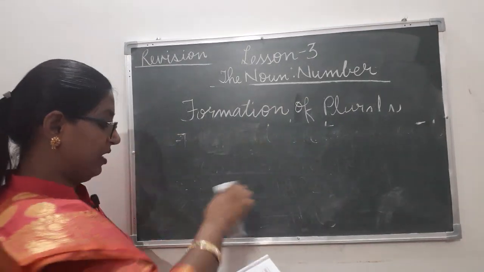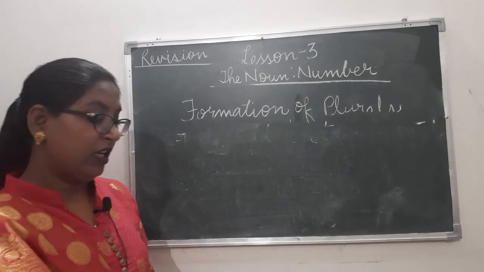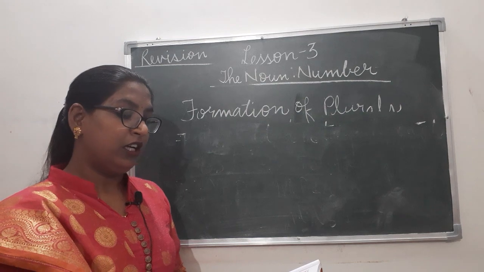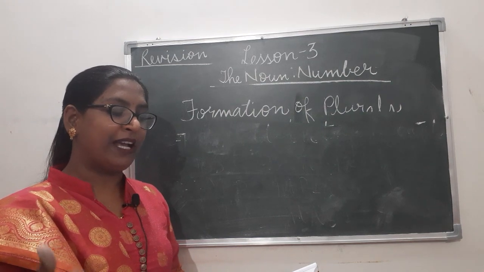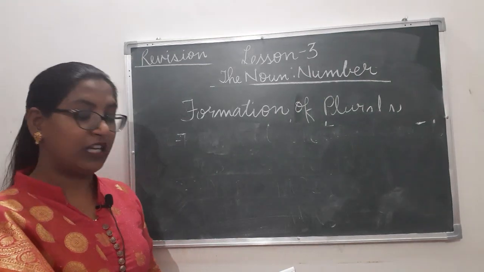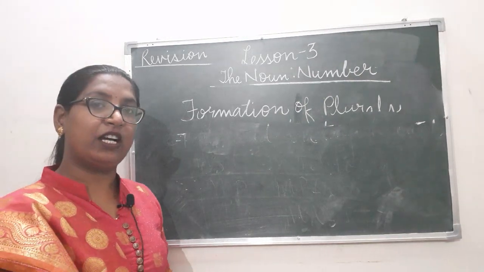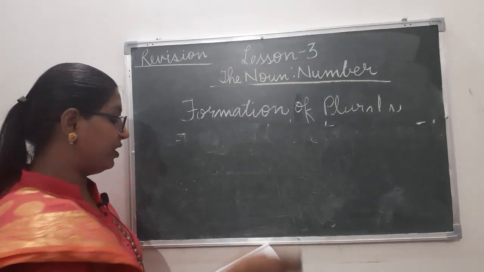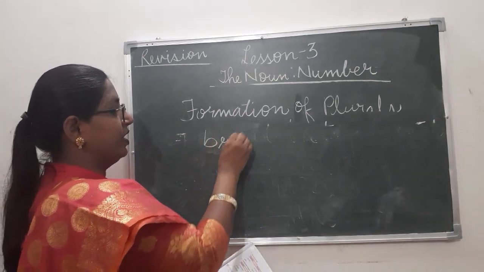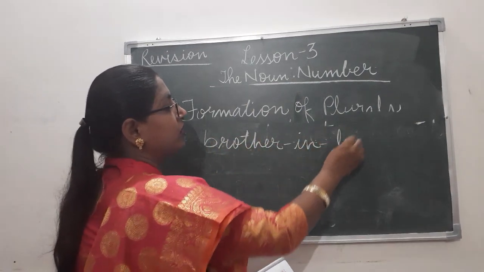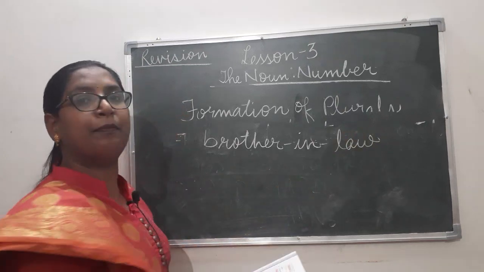Let us see. In some of the compound nouns, compounds have plurals by adding s to the first element. In the compound nouns, we add s to the first element, to the first word to make it plural. For example, brother-in-law. It is a compound noun.